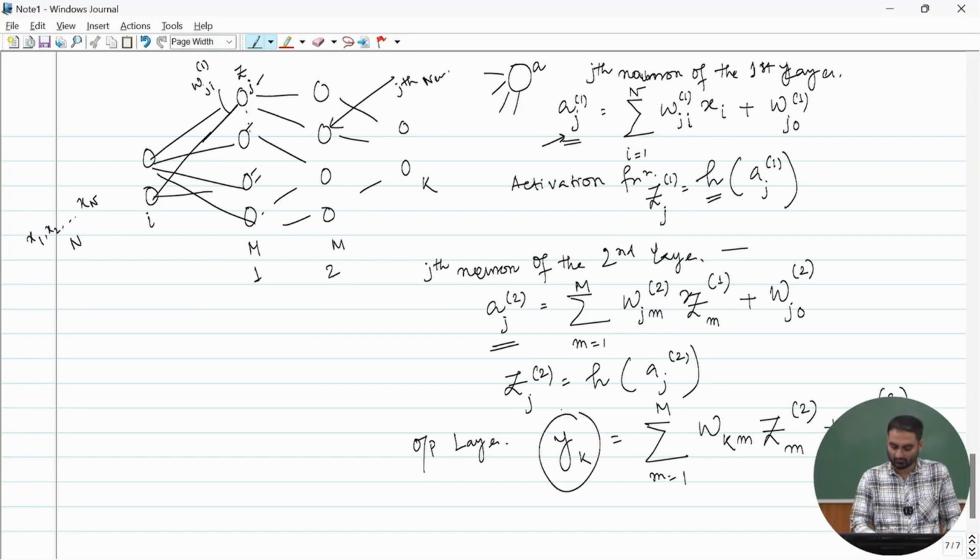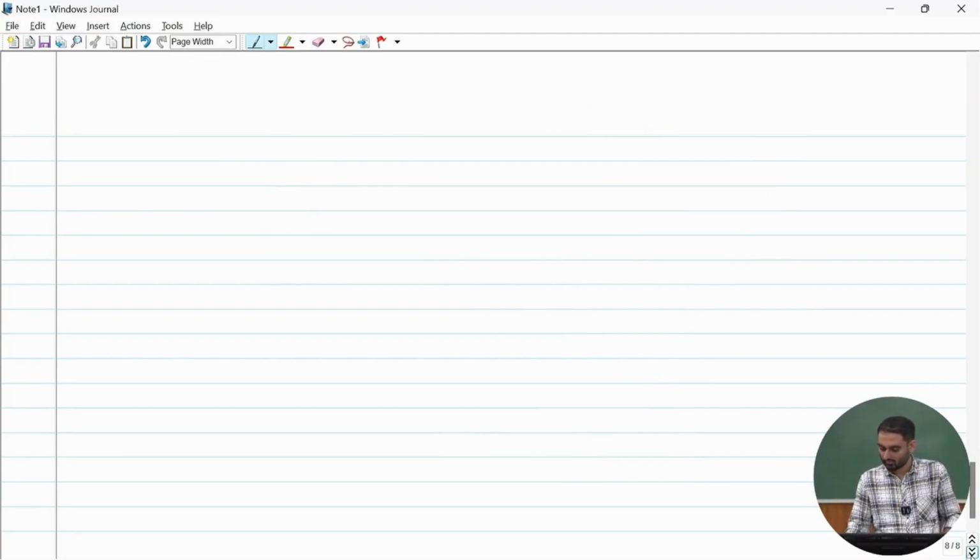So this is the output. Okay, if you understood the notation, let's now move on to this activation function H, right? The basic activation function that you can think of is the step function that we discussed. So let's say a linear activation function, a linear activation function.